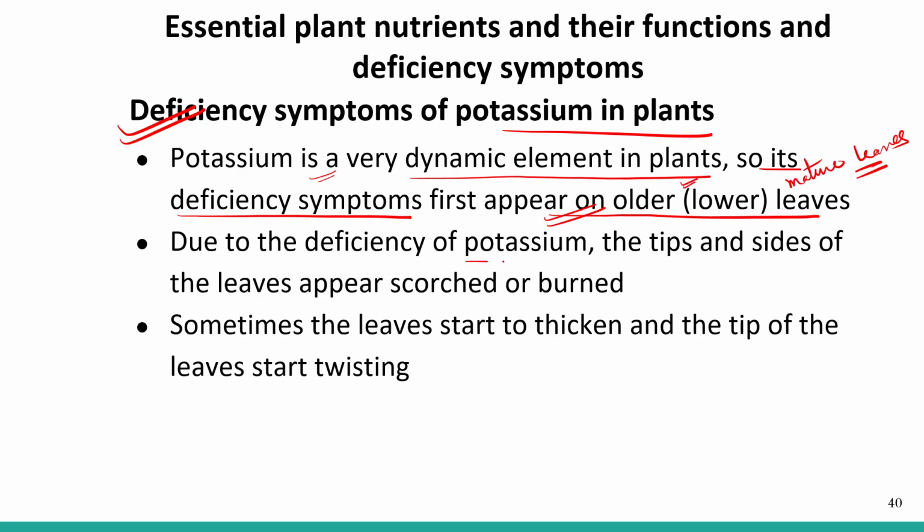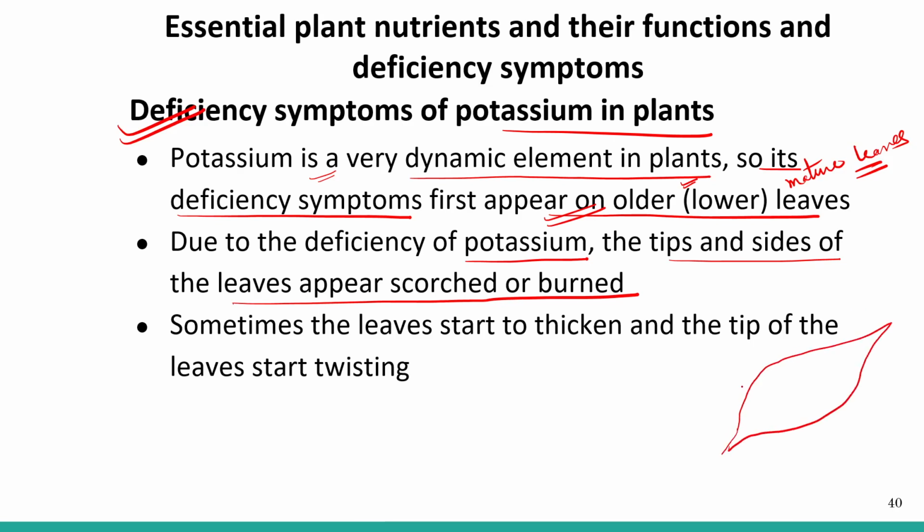Due to the deficiency of potassium, the tips and the sides of the leaves appear scorched or burned. Suppose this is a leaf and there is a deficiency of potassium, then this particular part, the side of the leaf, and also the tip appear scorched or burned, like brownish.